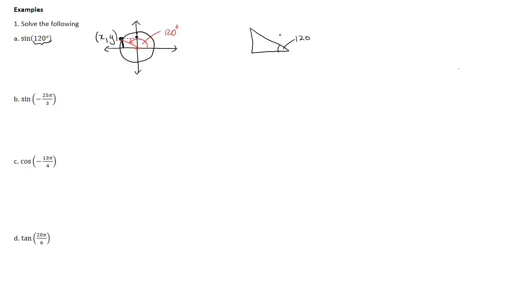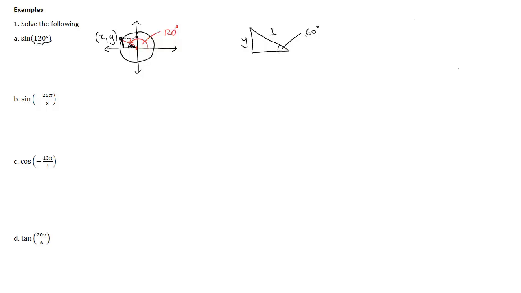Actually, that angle inside there is not going to be 120 degrees. That's actually going to be 180 take away 120, so that's going to be 60 degrees. Now we're interested in finding the y value, which is this value here. So you can use your trigonometry.